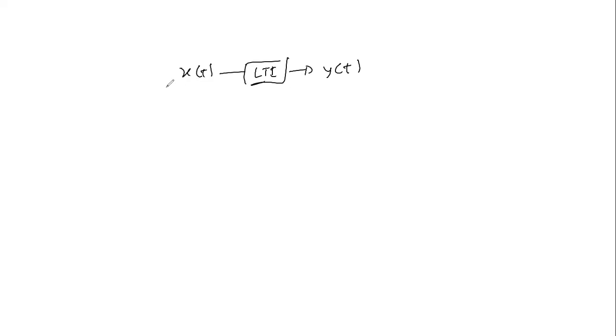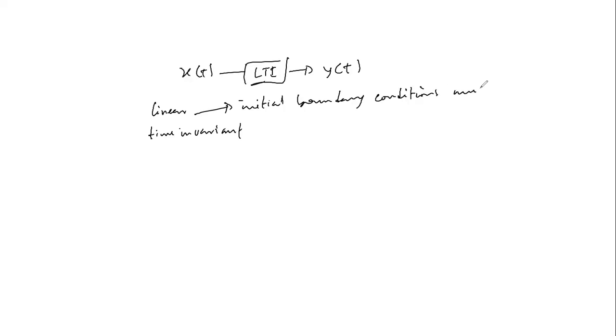Now, since linear time invariant systems are both linear and time invariant, it means that for the system to be linear, the initial boundary conditions must be satisfied.